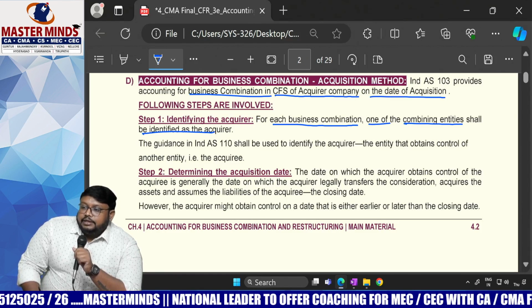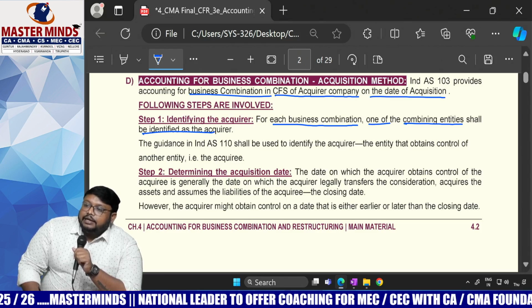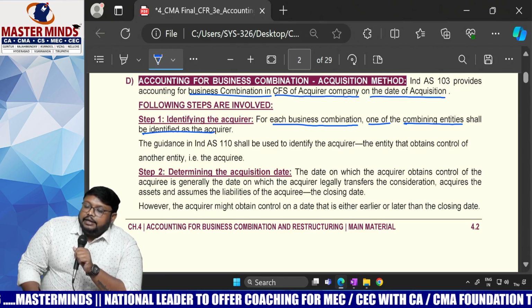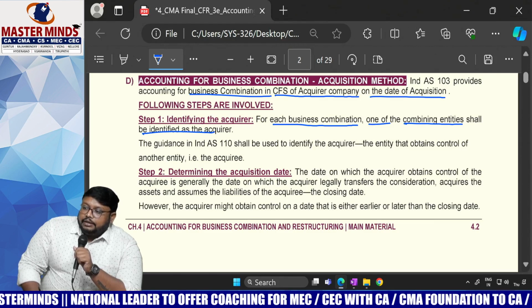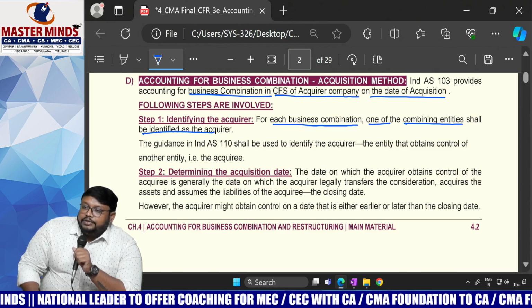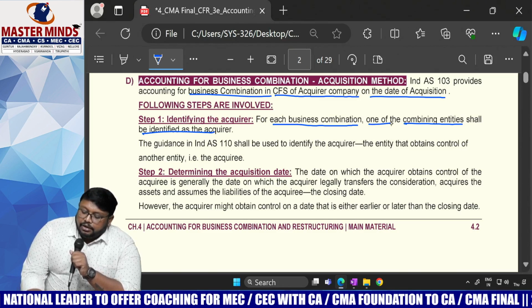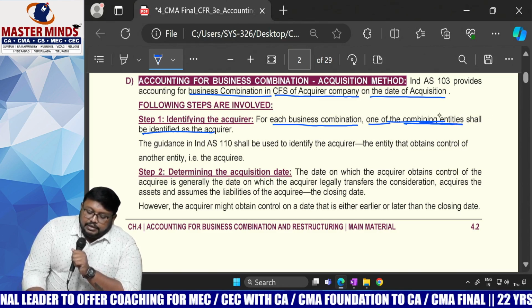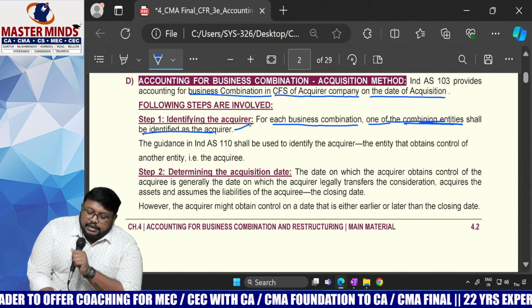Reverse acquisition. In case of reverse acquisition, the legal acquiree will be the accounting acquirer. So one of the combining entities shall be identified as acquirer.